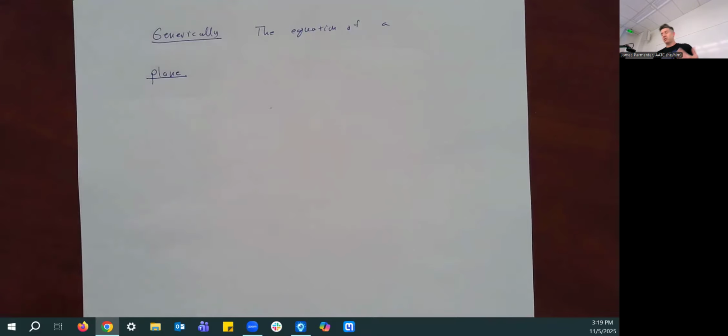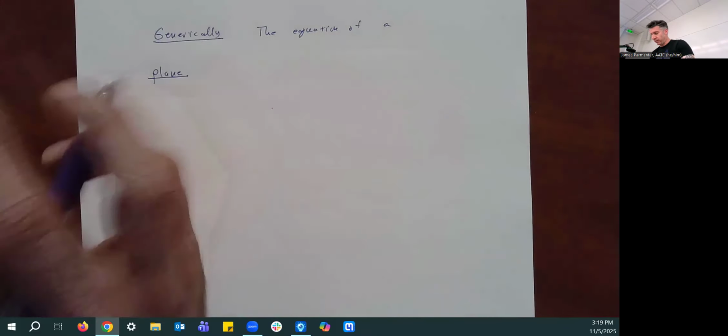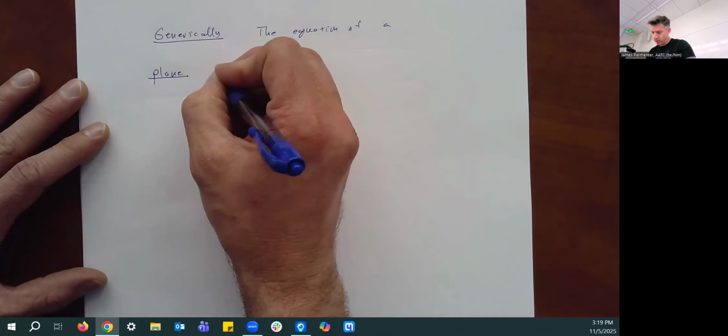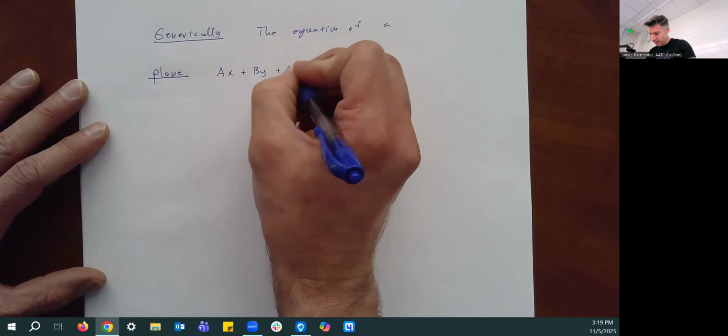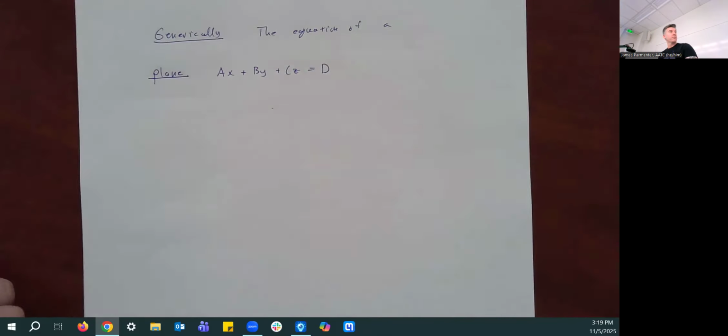So let me write here, it's something like ax plus by plus cz equal to some constant d. Kind of the three-dimensional analog of a two-dimensional line.